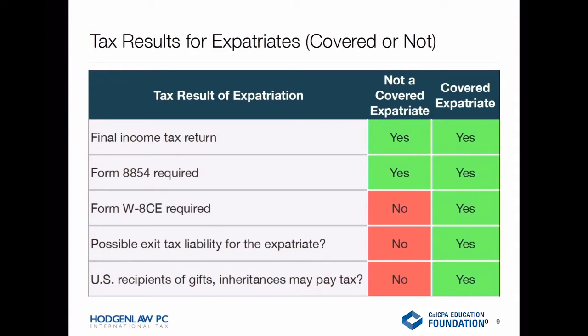All expatriates are going to have to file Form 8854, and then only covered expatriates have to file the W-8CE. CE actually stands for covered expatriate. And only covered expatriates might have to pay exit tax, and only covered expatriates, when they give gifts or inheritances to U.S. citizens, those people might have to pay tax.